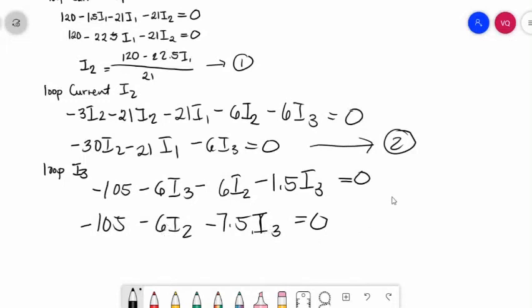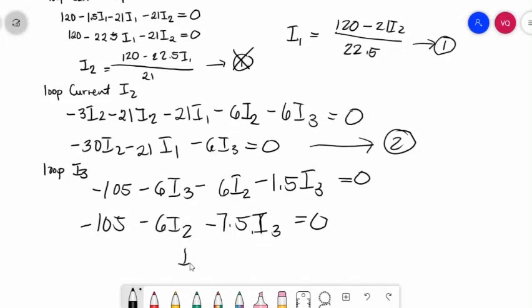And then, isa-substitute na naman natin dito sa equation 2 para maging I2 lahat tong equation 2. So, in our equation 1, we will get I1 na lang. So, I1 is equal to 120 minus 21 I2 divided by 22.5. So, this will be equation 1.